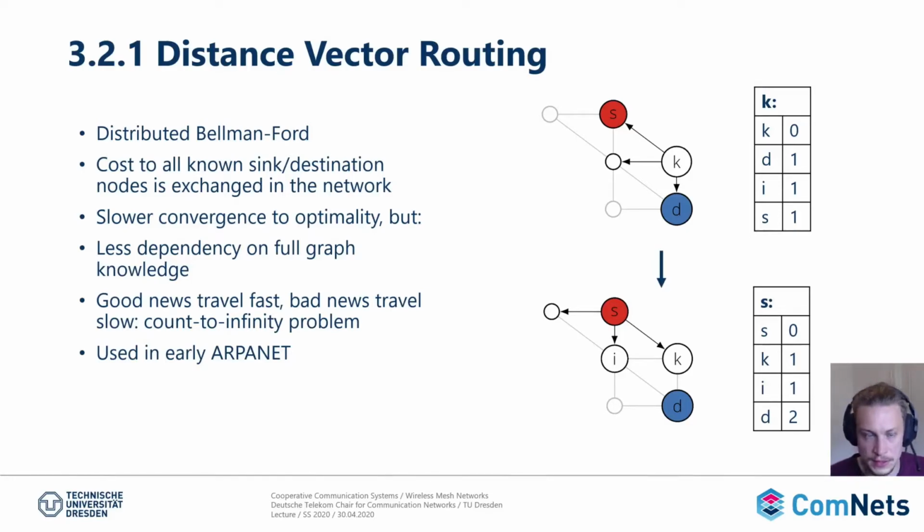If you want, there are good explanations about this online, you can look this up. These types of algorithms were used in the early ARPANET, the predecessor of the internet. This is also how it is done in BATMAN, because of the volatility of wireless links.